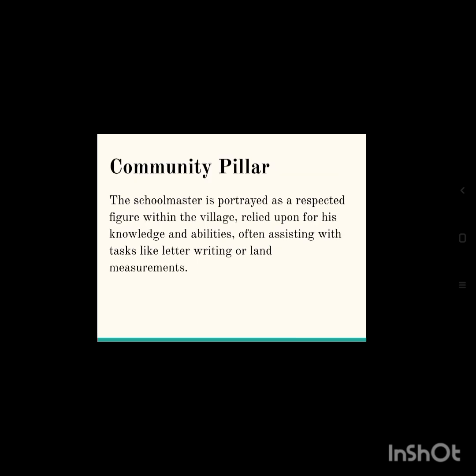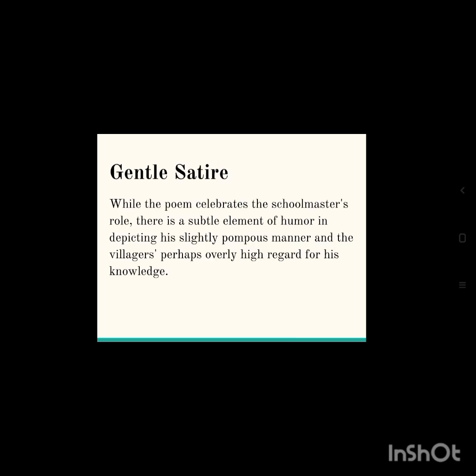Community pillar. The schoolmaster is portrayed as a respected figure within the village, relied upon for his knowledge and abilities, often assisting with tasks like letter writing or land measurements. I just told you briefly earlier that he could measure the land and even predict the tides in the sea. So these were the skills he owned. Gentle satire.